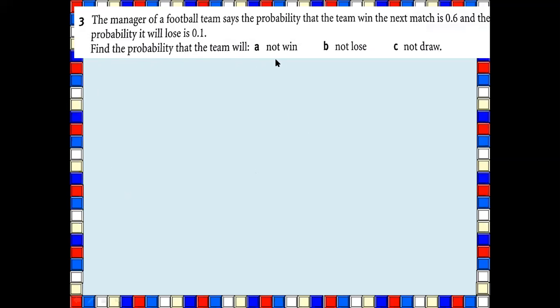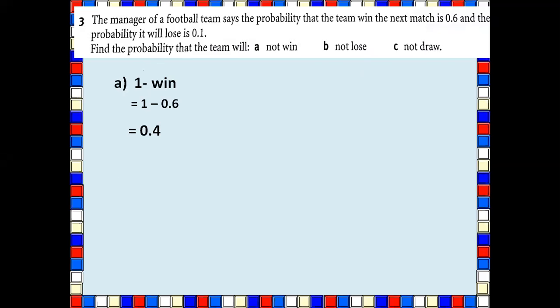Not a win. 0.4. Excellent, because the team will win is 0.6. So not a win, 1 minus 0.6, which is 0.4. Excellent. Okay, part B, not lose.